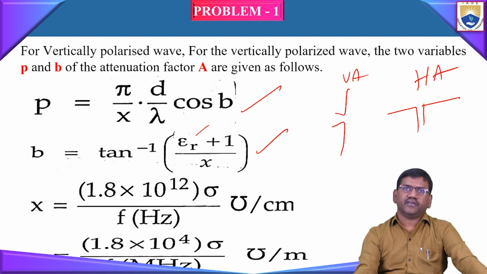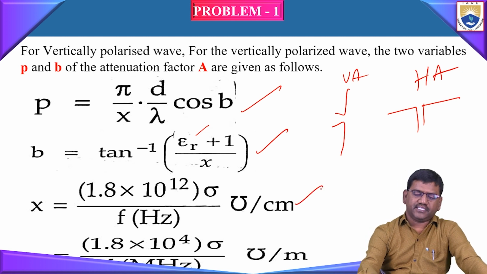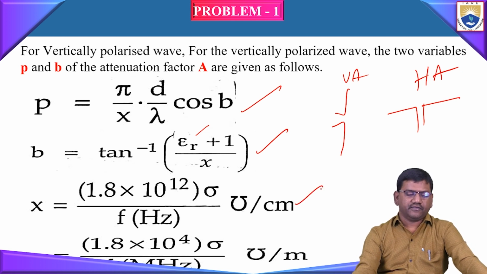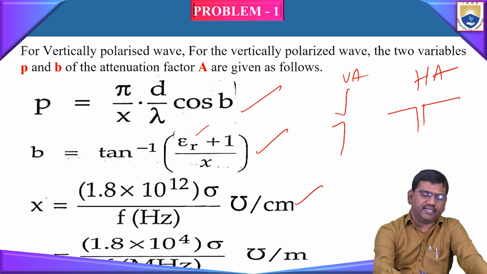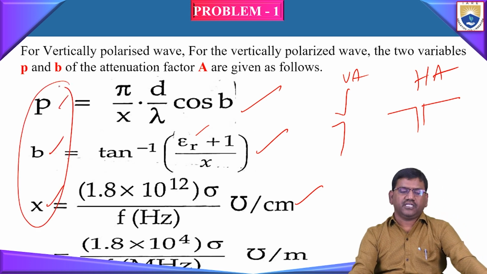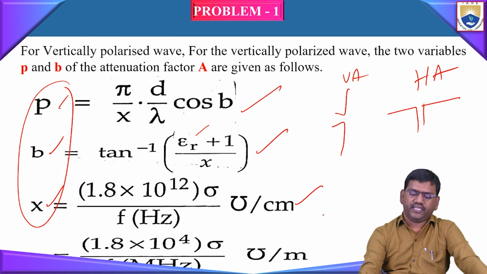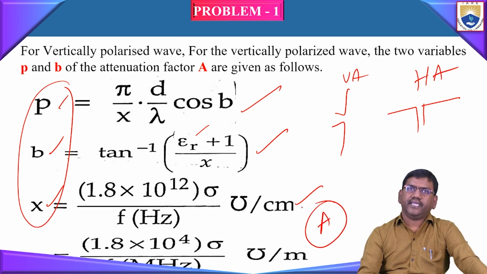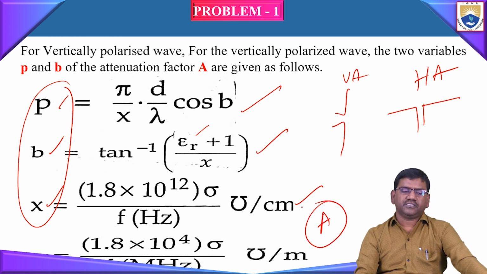The permittivity of the earth varies from area to area, and x is given by 1.8 into 10 power 12 by f sigma, where sigma represents the conductivity. Here x, b and p are three auxiliary variables to determine the value of A, so A depends upon p, b and x.